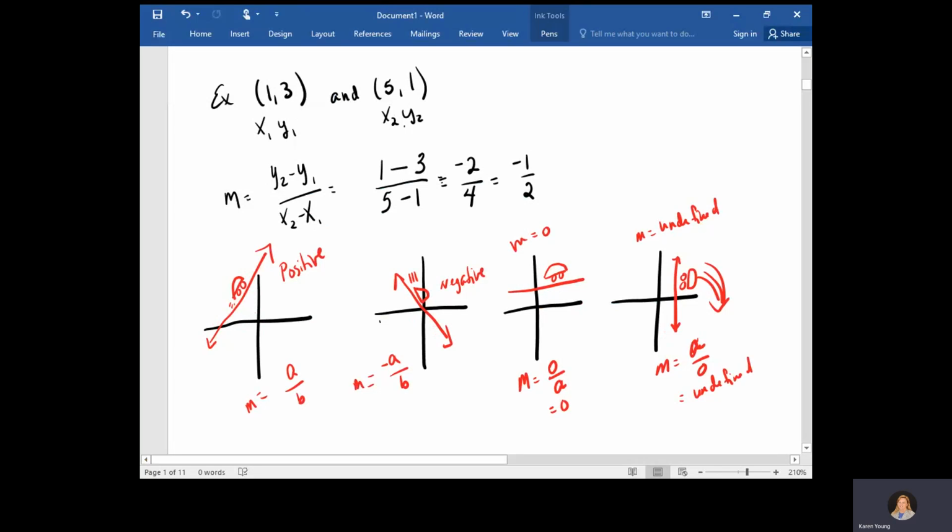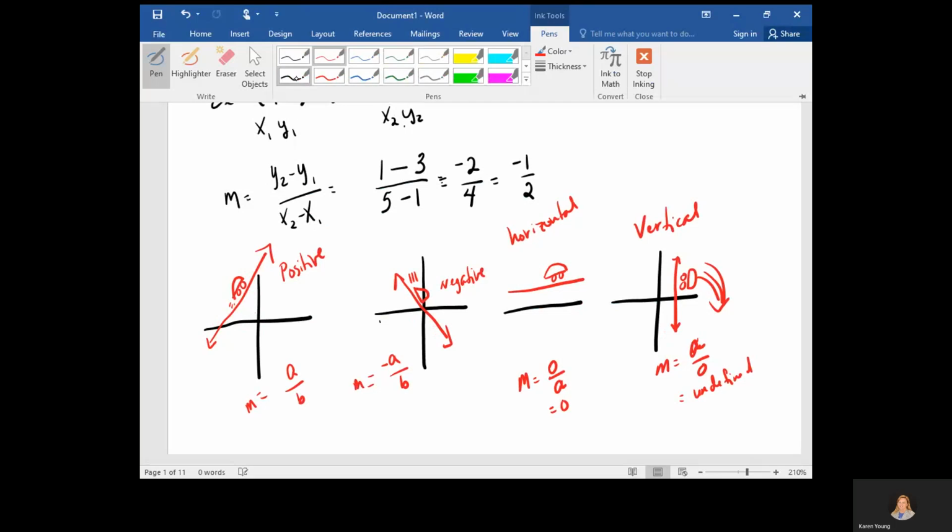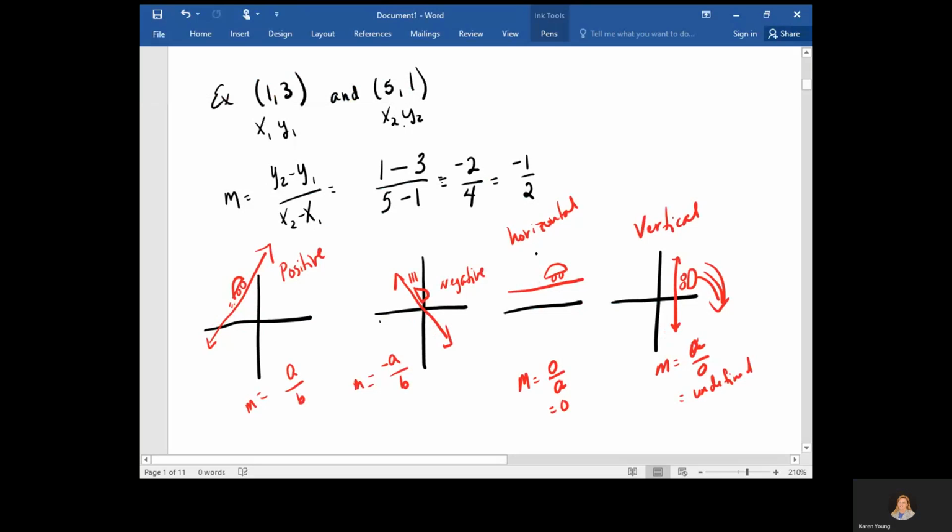That's for vertical. So you've got 4 different kinds of slopes: your positive, your negative, your horizontal, and your vertical.